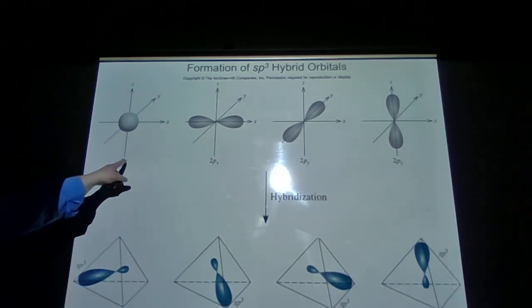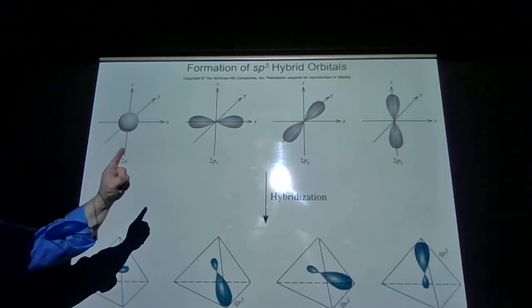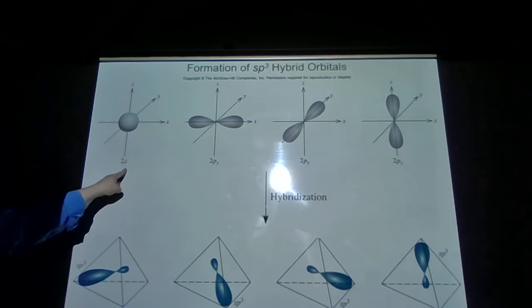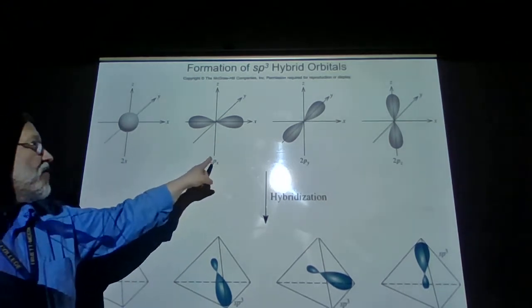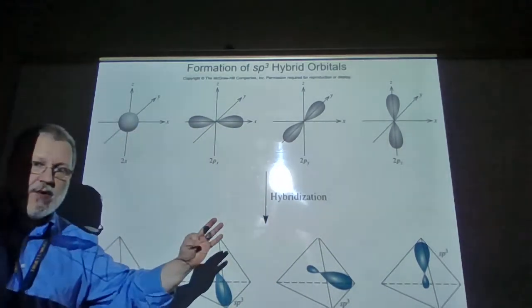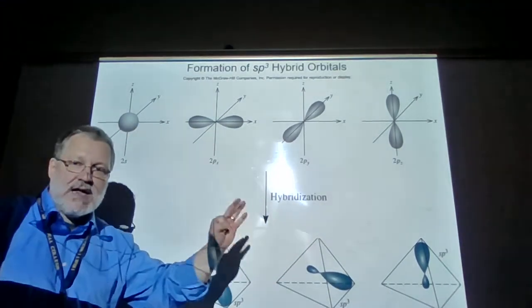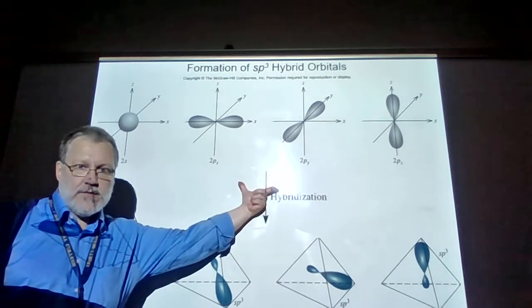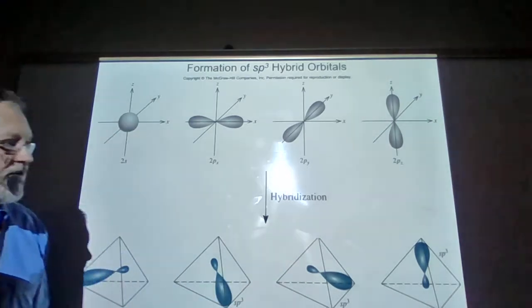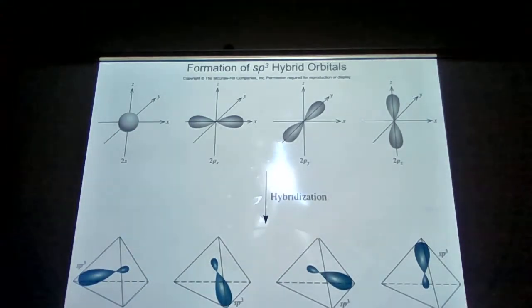We have a combination of one s-type orbital, not a 2s, with 3 p-type orbitals, not 3p orbitals, to form what we call sp3 hybridized orbitals.